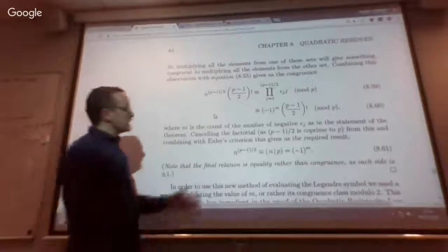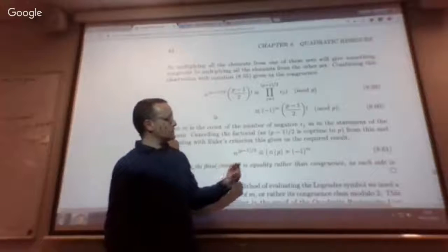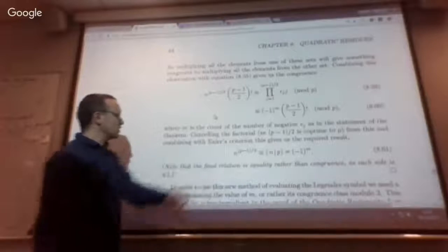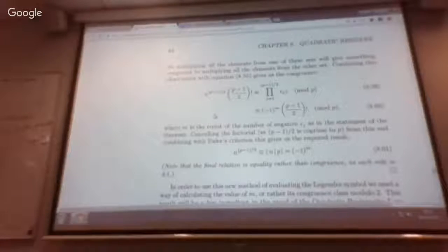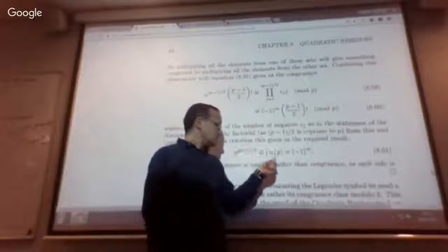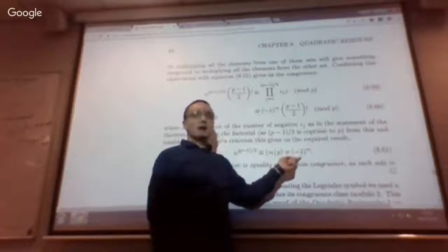So when we cancel that, what we see is that this power of n to the power of p minus 1 over 2 is congruent to minus 1 to the power of n. But we already know from Euler's criterion that that power of n to the power of p minus 1 over 2 is exactly the Legendre symbol. So that proves the result, that the Legendre symbol of n mod p is just this power of minus 1.